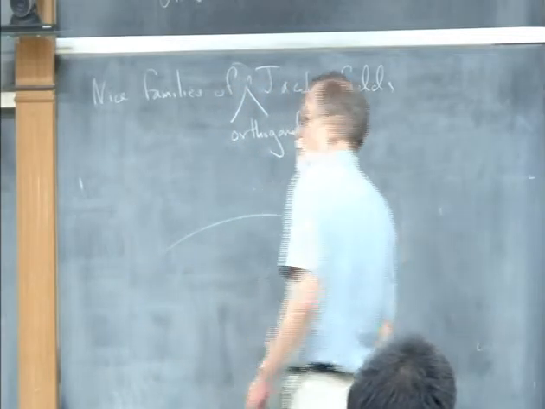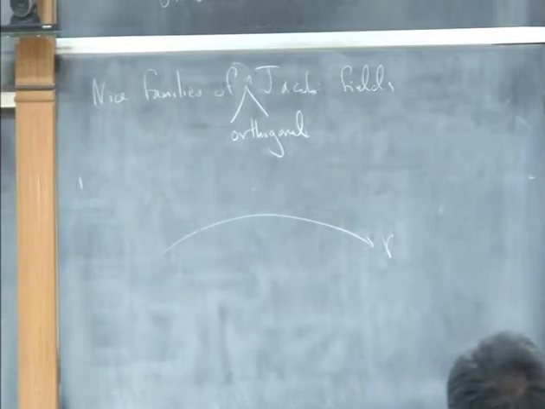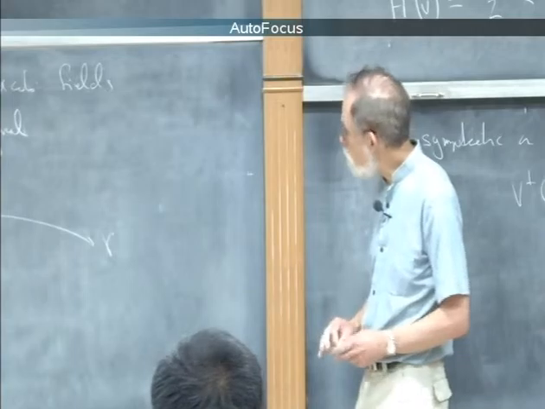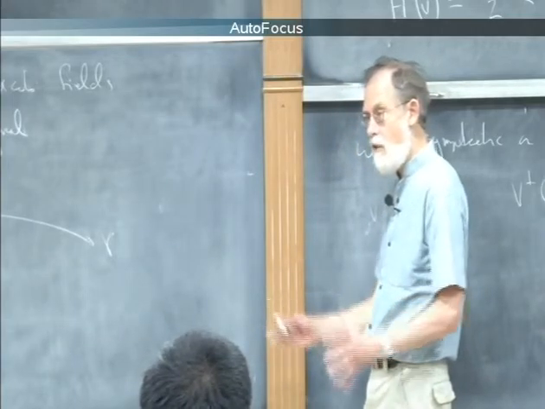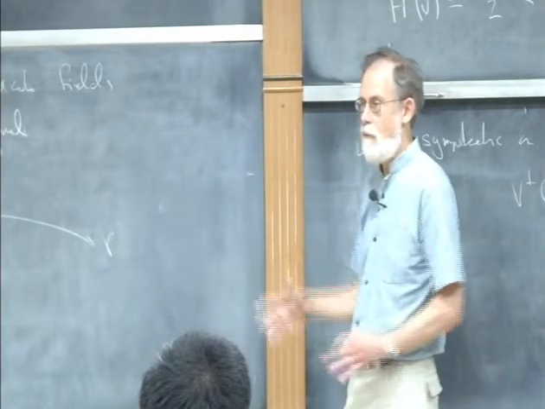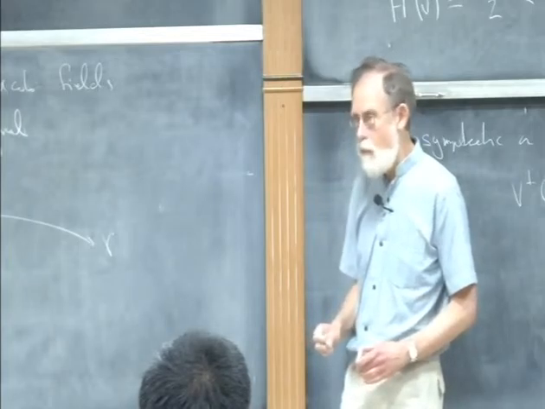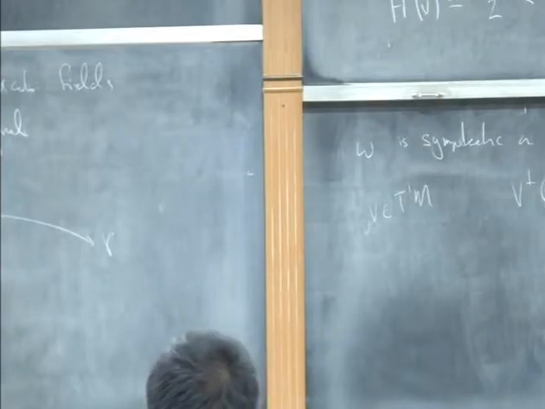So there's a geodesic here. And in this picture I want to think of M as being 3-dimensional. There's a nice way in which you create a 2-dimensional family of orthogonal Jacobi fields. What you do is you think of a surface that is perpendicular to your geodesic.